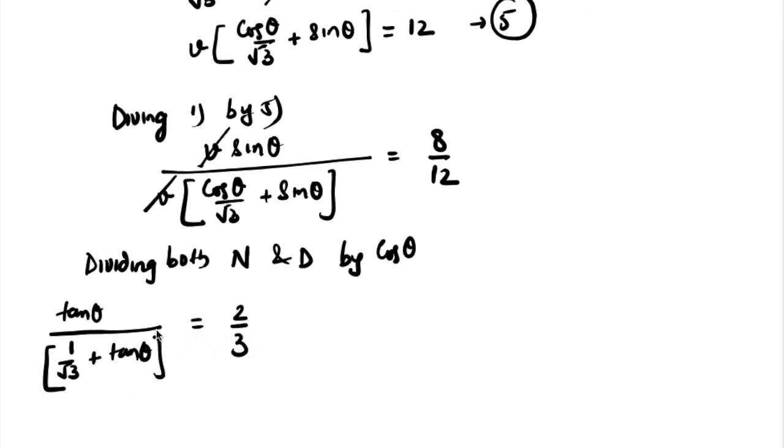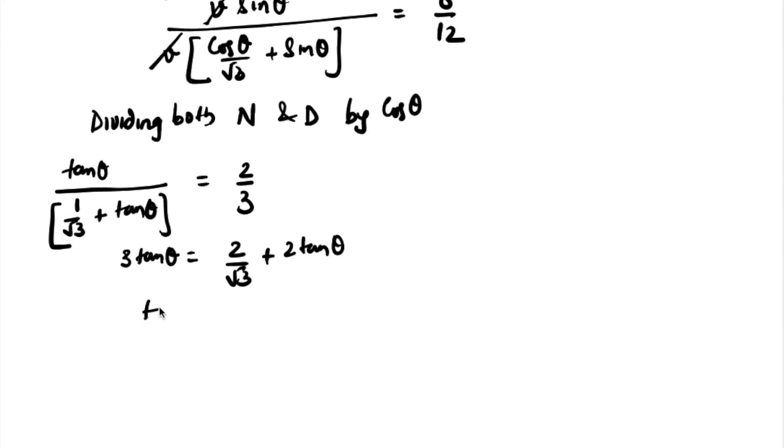And now cross multiplying and solving, we get 3 tan theta is equal to 2 over root 3 plus 2 tan theta, or tan theta is equal to 2 over root 3. That's the angle at which the rain is falling with respect to the ground.